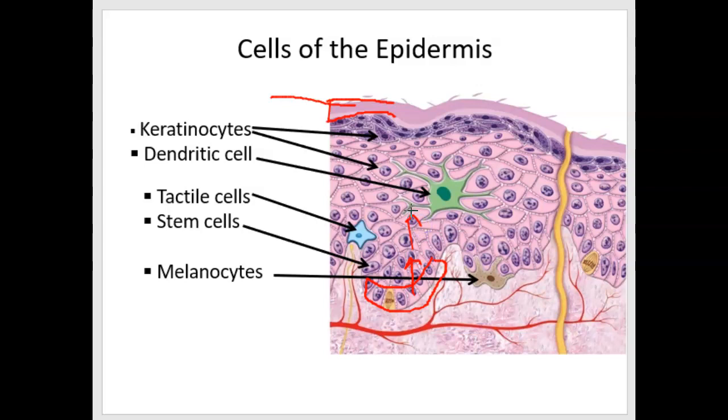The other cells have to move out of the way. And so as a cell progresses towards the most superficial layer of your skin, it will eventually die because it gets farther away from the blood vessels that carry the nutrients, and those blood vessels are in the dermis.